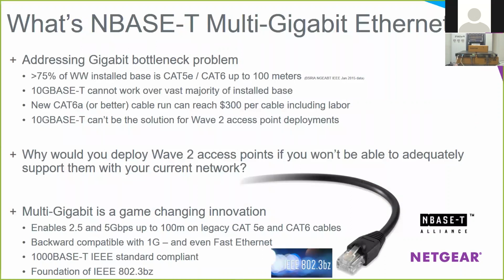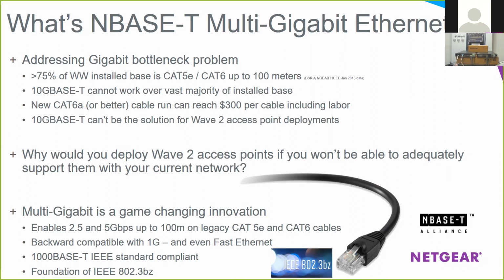So what's NBASE-T? At the beginning, NBASE-T was an alliance. NETGEAR was one of the founding members of that NBASE-T alliance in the industry. Since then, the NBASE-T pre-standard became an IEEE certified standard. Now it's called IEEE 802.3bz, and obviously the M4200 is fully compatible, as well as the WAC740.